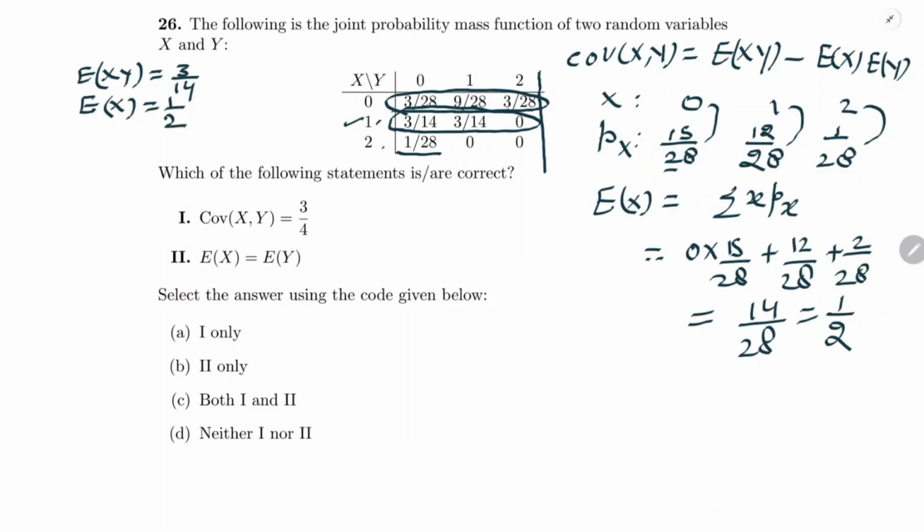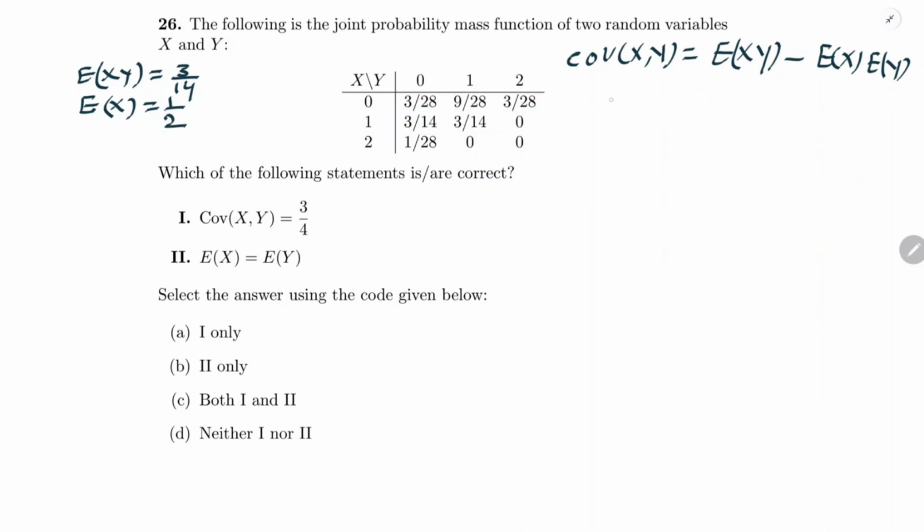Now let us calculate the expected value of y. Now y is taking three values 0, 1 and 2. And to calculate the marginal probability of y corresponding to 0, we have to take sum of the first column.